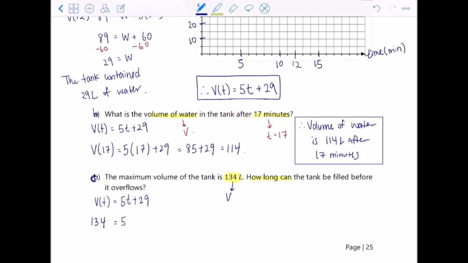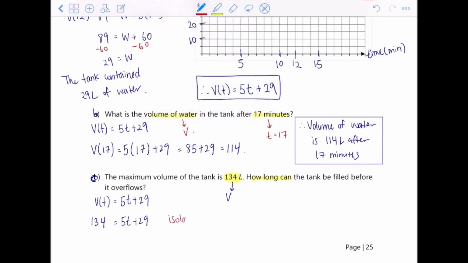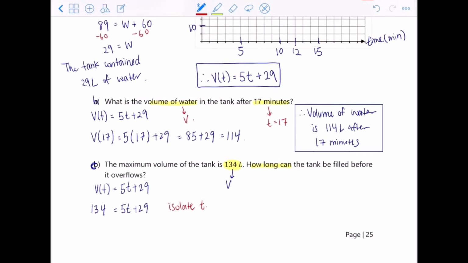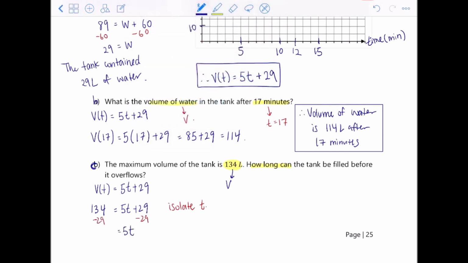And so 5t plus 29. Now we're going to isolate t so we can solve. Isolate t. So let's take away 29 from both sides. So we have 5t on one side here, and then this one is 105.